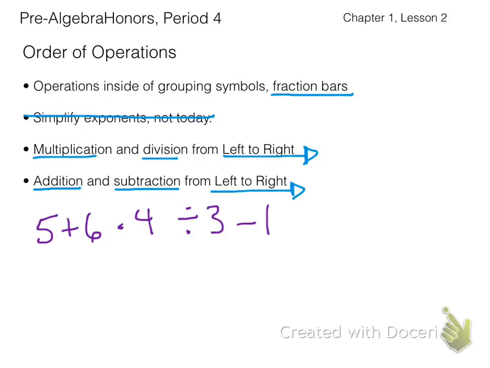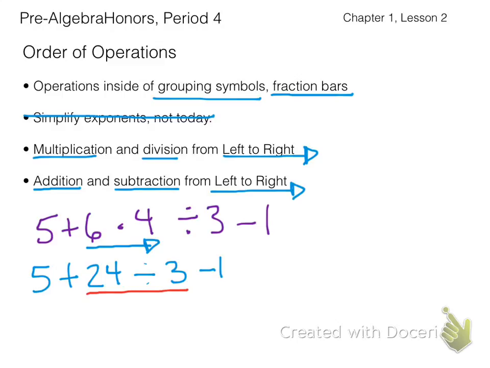Because I don't have any grouping symbols, I'm going to do 6 times 4. Well, I haven't done anything with the 5 plus yet, but 6 times 4 is 24. And then I've got the divide by 3 and the minus 1. But I still haven't done all the division, so I still need to do the division right there. 24 divided by 3 is 8, and then the minus 1. So now I've taken care of the multiply and divide from left to right.